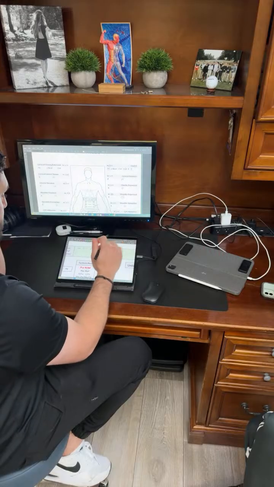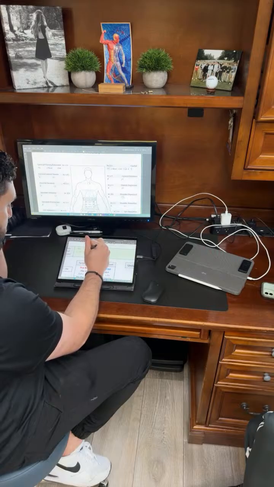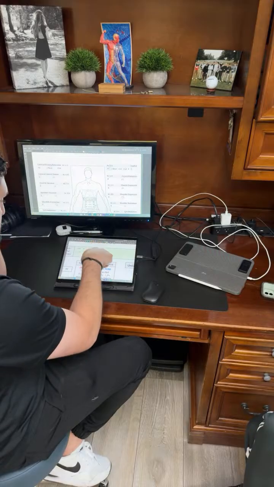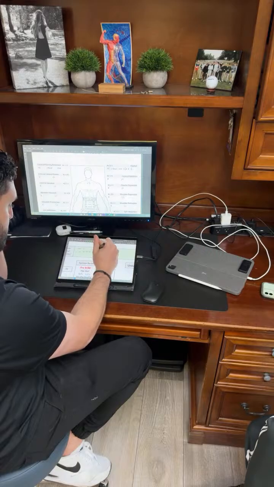So check cap position, and then our hypothesis is left cap, right cap flex, plus lateral flexion right.